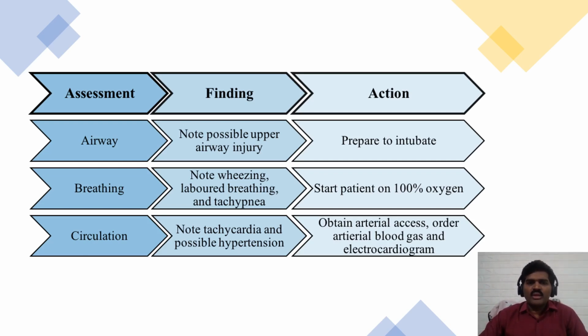Circulation: note tachycardia and possible hypertension. Bradycardia can also occur. Obtain access early, preferably two large bore IV cannulas. Order an arterial blood gas and an electrocardiogram, and support circulation with IV fluids and, if needed, vasopressor or inotrope drugs.